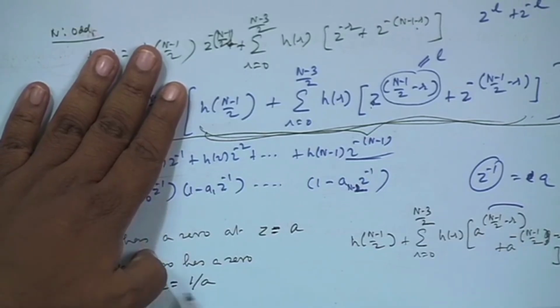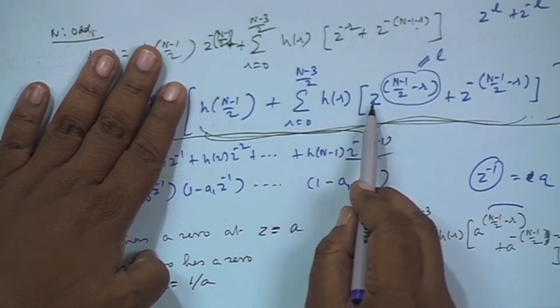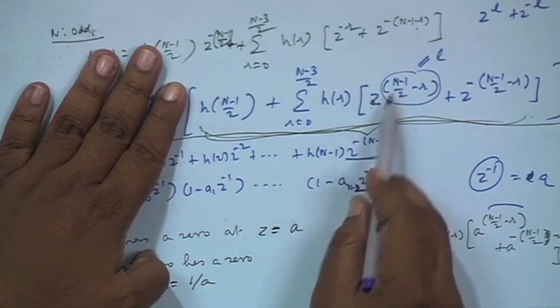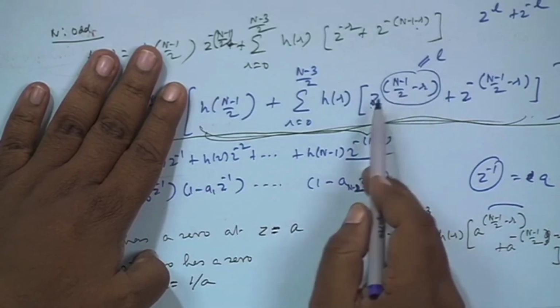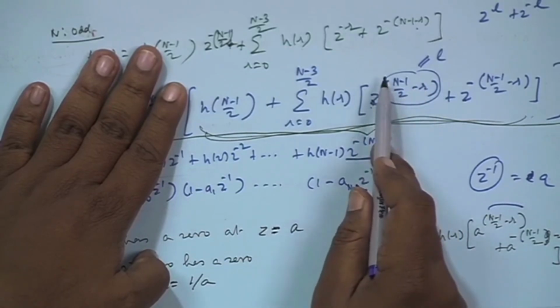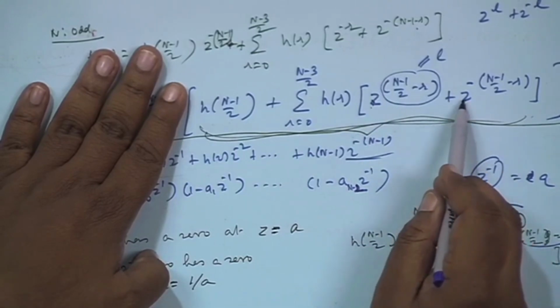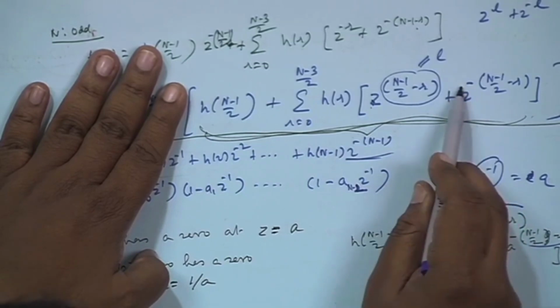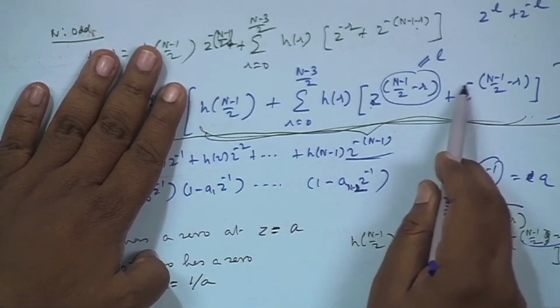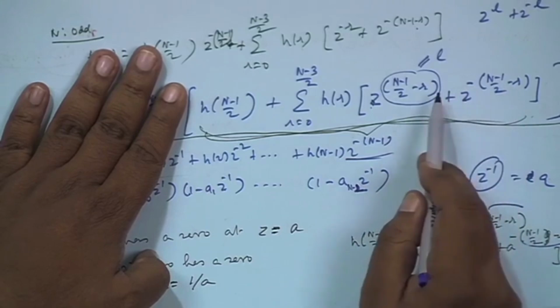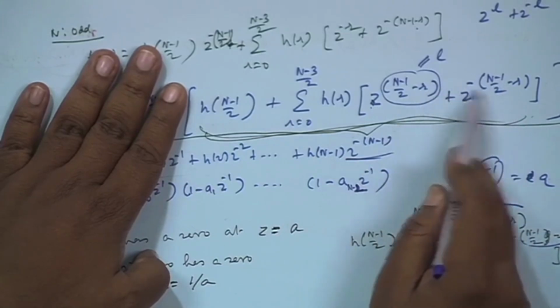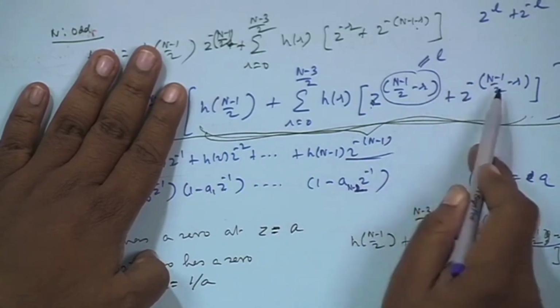If I now replace z by 1 by a, this will become 1 by a whole to the power L, that is a to the power minus L. So, a to the power minus L will come, and if z is 1 by a, so z to the power minus L becomes 1 by a whole to the power minus L. So, 1 by a means a to the power minus 1 whole to the power minus L, so minus minus plus, a to the power plus L will come.